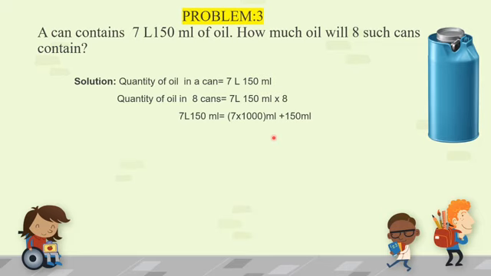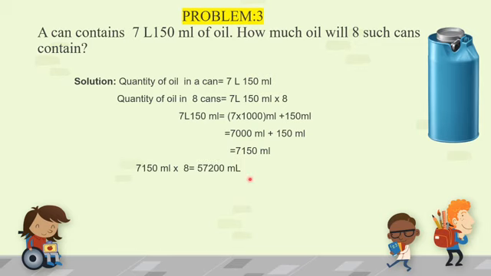And since 150 is already in milliliter, we'll write it as it is, and then we'll add these two numbers. 7 into 1000 is 7000. 7000 milliliter plus 150 milliliter equals 7150 milliliter. And now we can multiply this by 8.